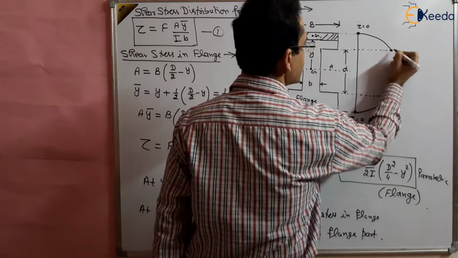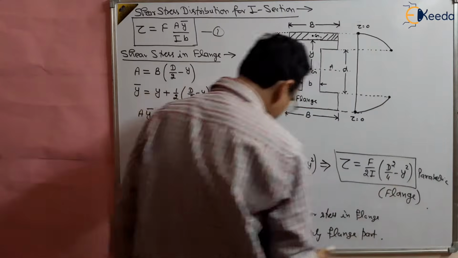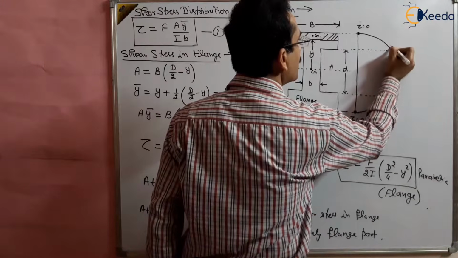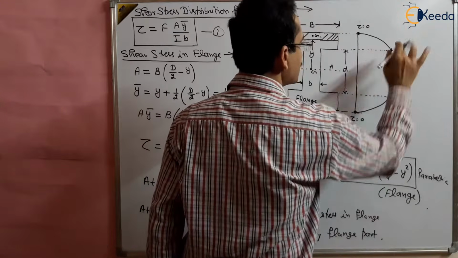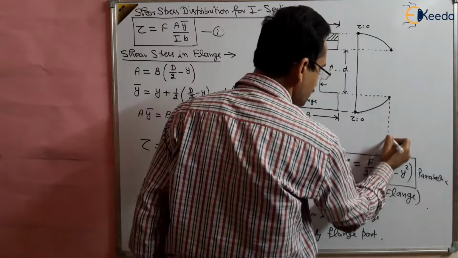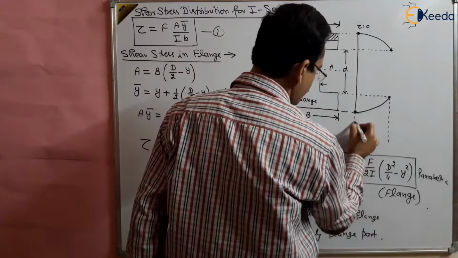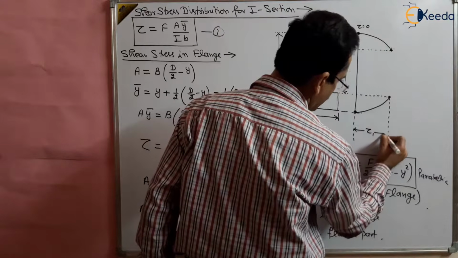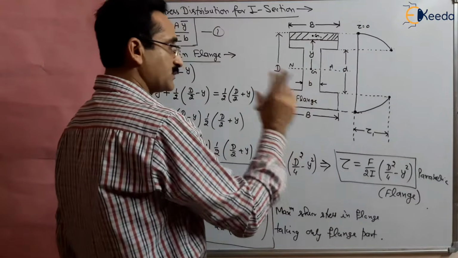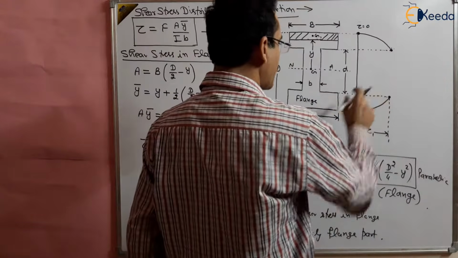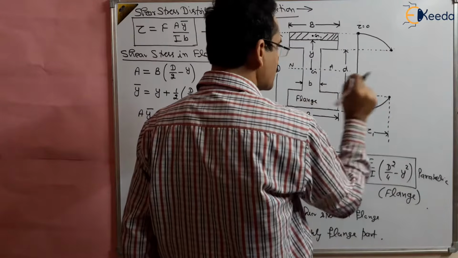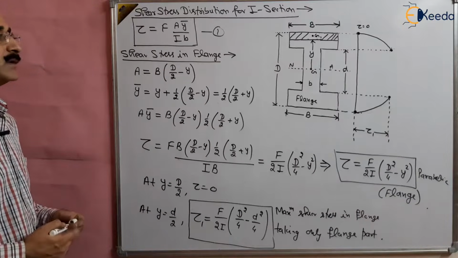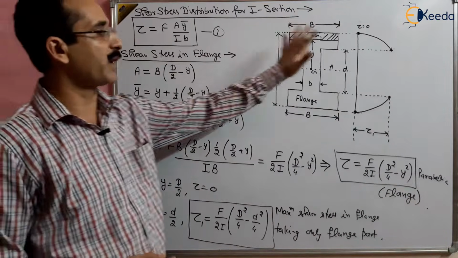This value is tau 1, the maximum shear stress in the flange, where the web has not just started, right? So this is how we can find out the shear stress in the flange part of the I section.